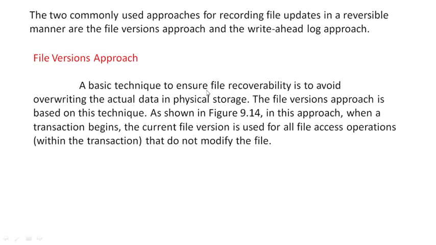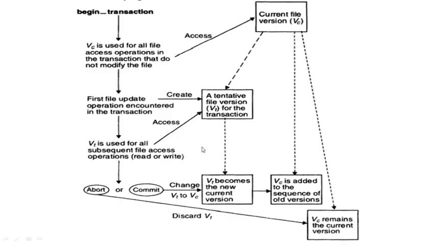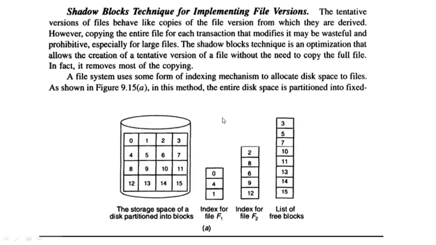So this is the file versions approach, in which we maintain a tentative version during that particular transaction, and after commit we make the changes to the original file. The second technique is the shadow blocks technique.